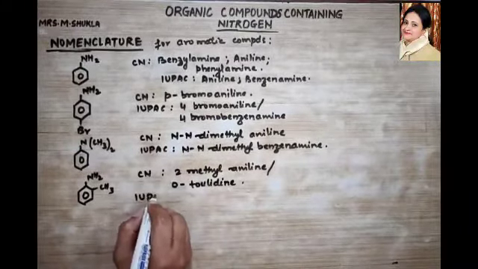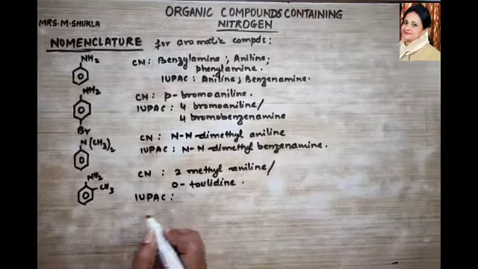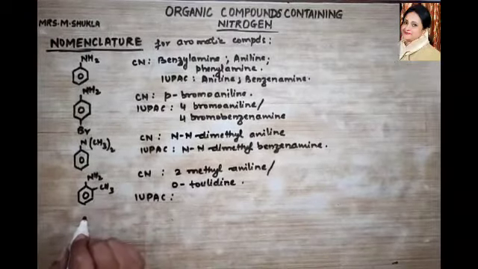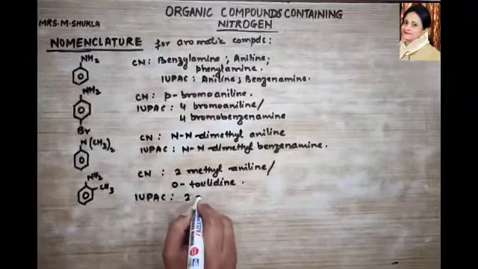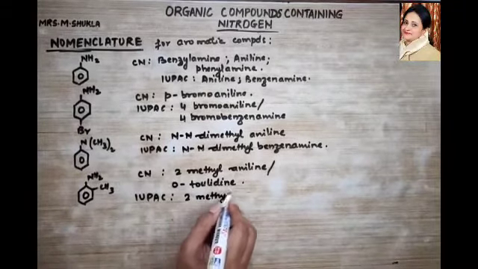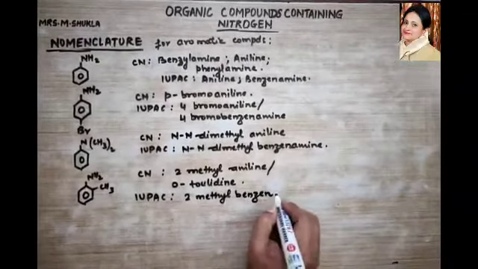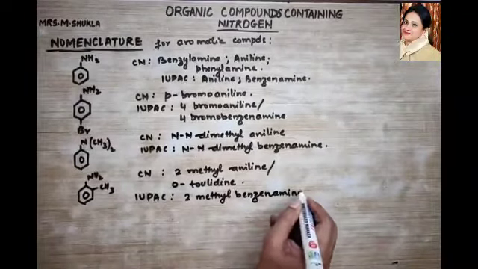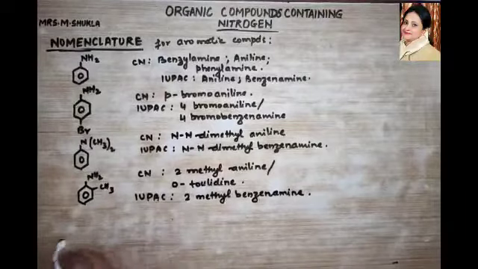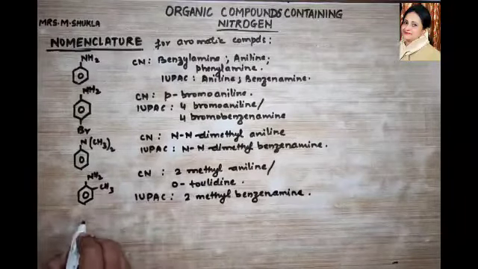Then what about the IUPAC name of this? At second place we have the methyl group, so we write 2-methylbenzamine, right? I hope till now it has become very clear how to write down their names.